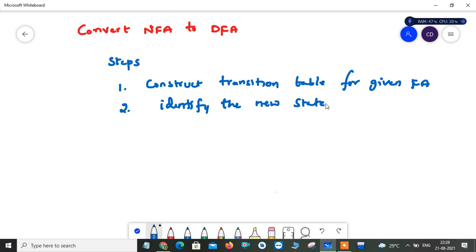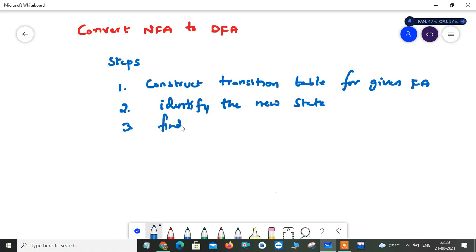Whenever you move from a state on an input symbol, you may reach the same single states, not a combination. Apart from that, if you find any combination of states in your transition table, you treat that as a new state.